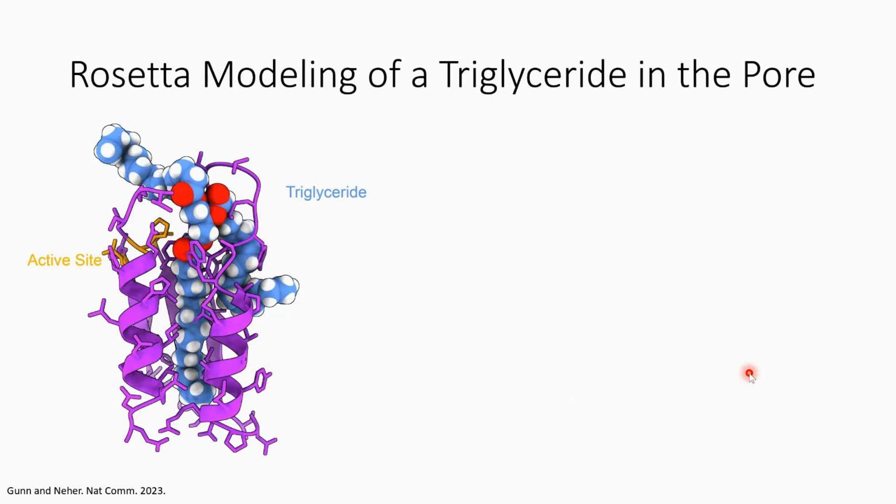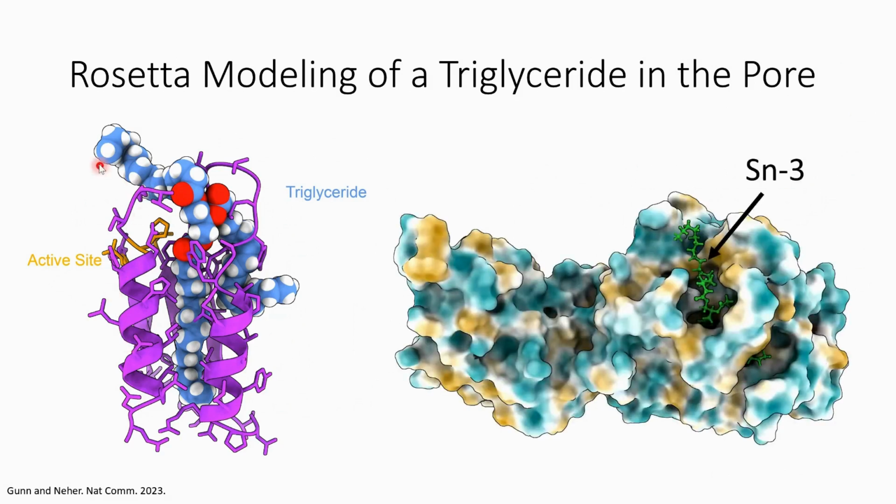To look at how this might work in a physiological sense, we decided to use Rosetta to model a triglyceride into this pore. A triglyceride is composed of 3 chains, usually called SN1, SN2, and SN3.